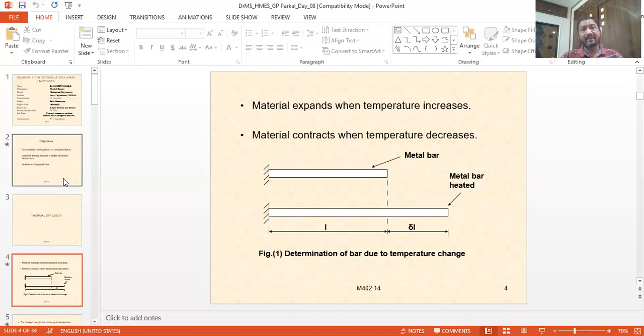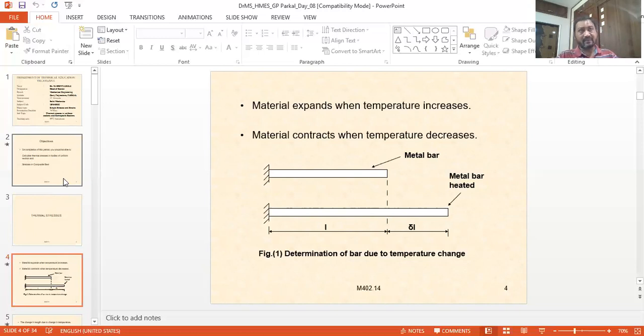Whenever a material is subjected to heating, or an increase in temperature, the length of the bar increases, it expands, and we can find that expansion by using a formula. On the other hand, whenever a material is subjected to a decrease in temperature, that means if the difference in temperature between the final and initial state is negative, then the material contracts.